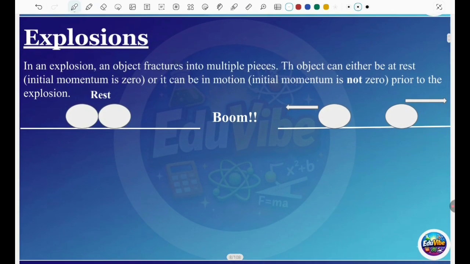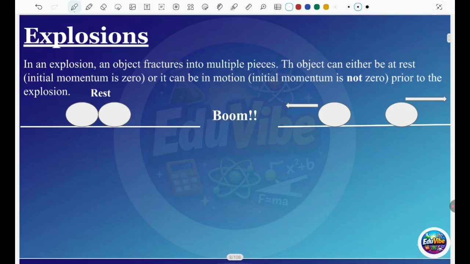Now the last thing we did in one dimension is explosions. Here, the object is at rest, or it can be in motion, prior to the explosion. When it explodes, it breaks into pieces. At first it stays at rest, and when it explodes, the pieces move in their respective directions and have different final velocities.